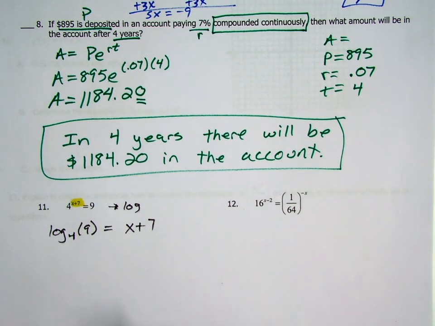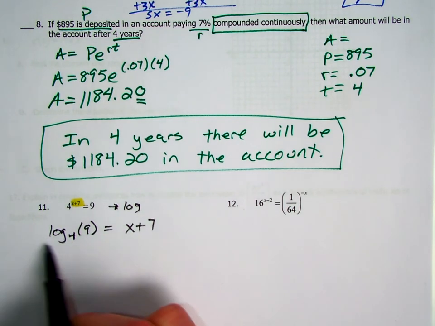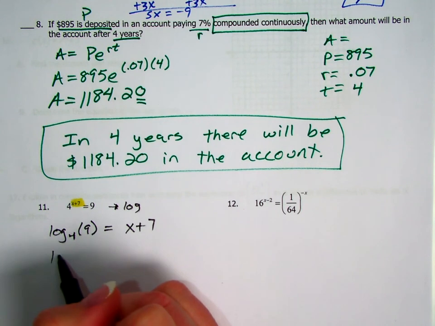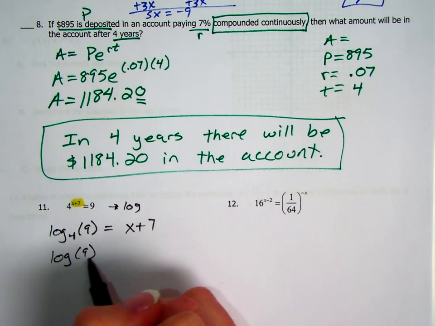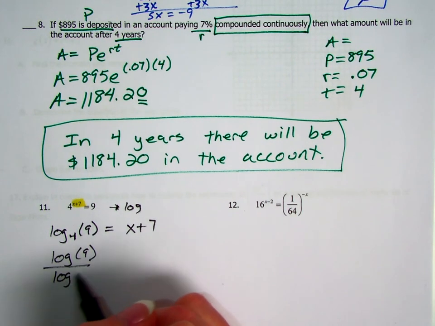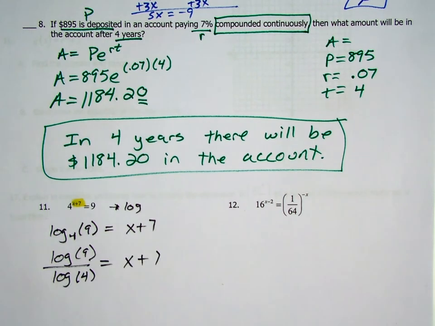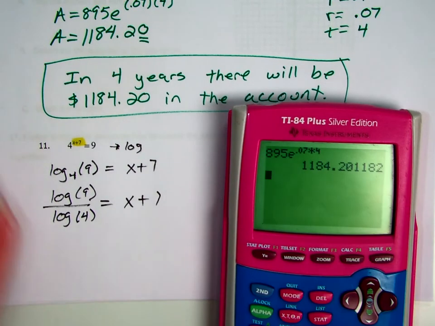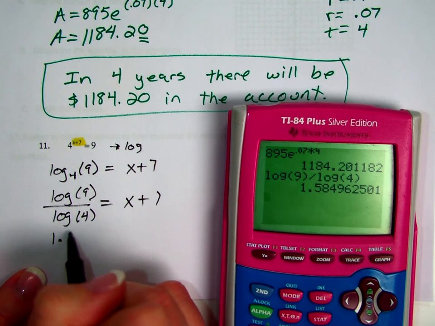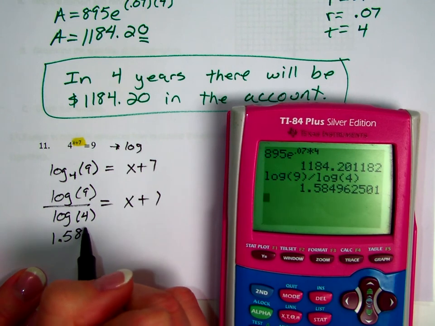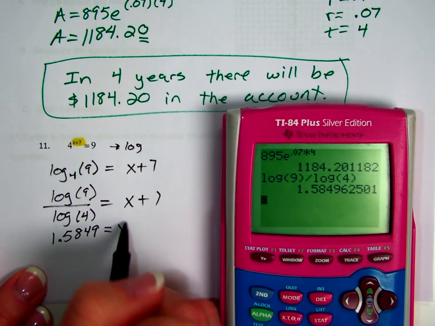Now in order to solve this, I would need to be able to find this. So we're going to do the change of base on this first. So log of 9 over log of the base, which is 4, equals x plus 7. So now we can go ahead and type that in our calculator. So log of 9 divided by log of 4 gives me 1.5849 equals x plus 7.